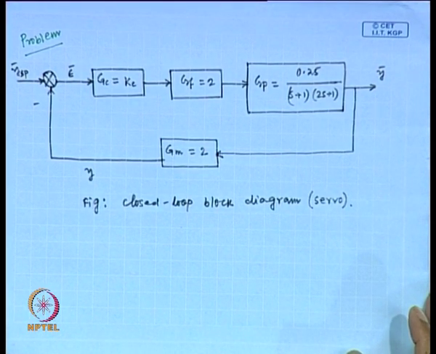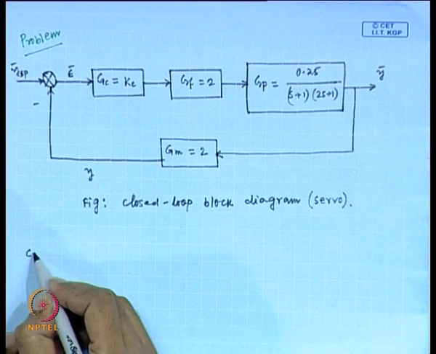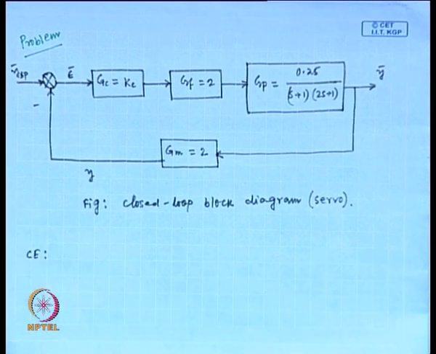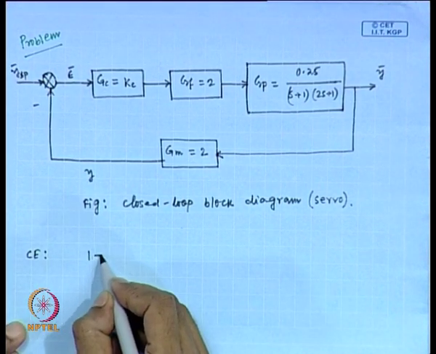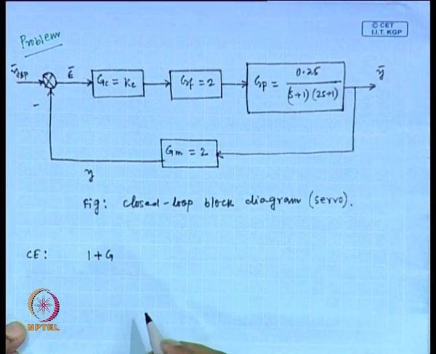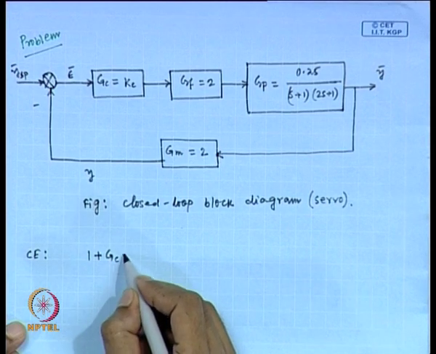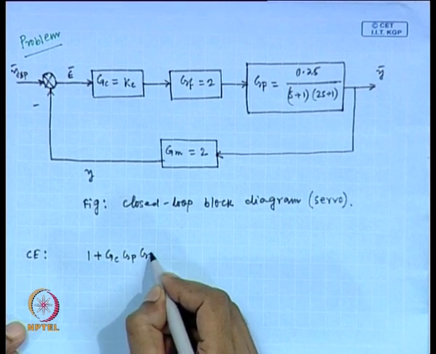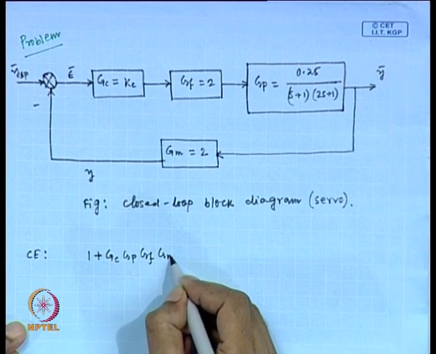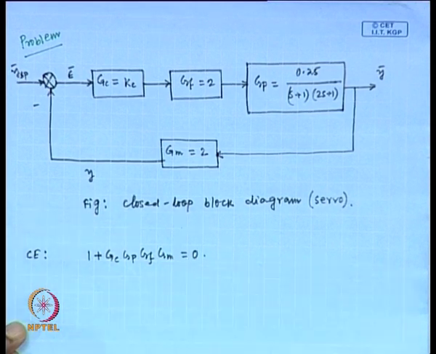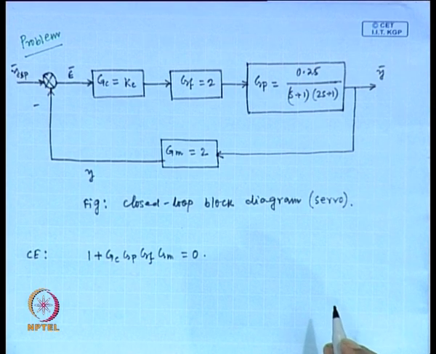Now, we will analyze the closed loop system based on root locus technique. Can we find the characteristics equation? The general form of characteristics equation is 1 plus Gc, Gp, Gf, Gm equals 0.